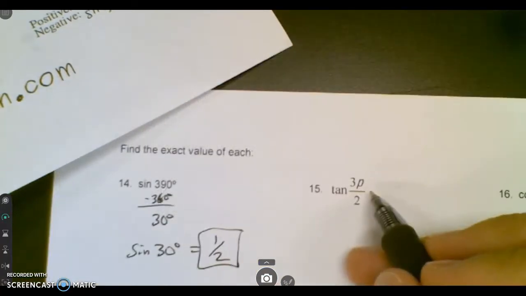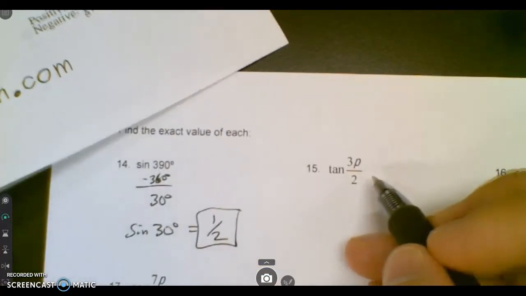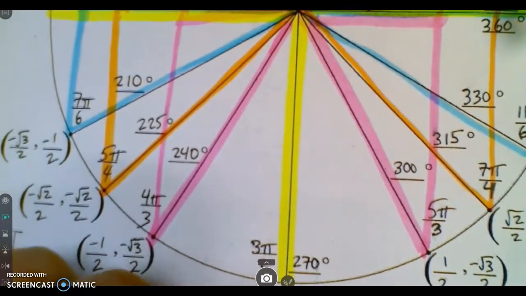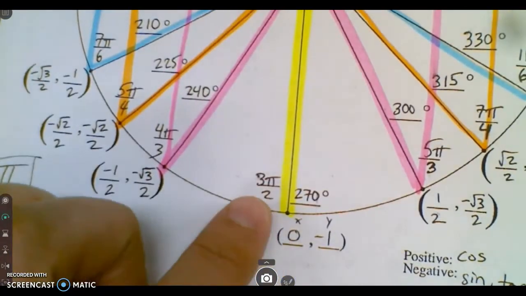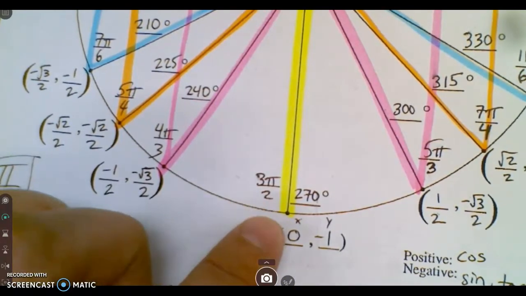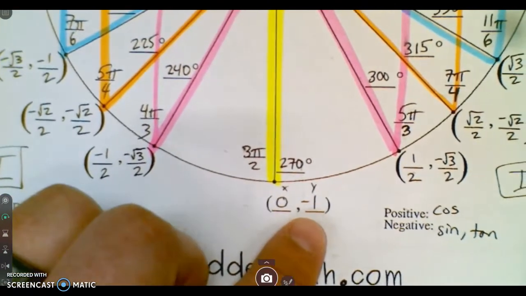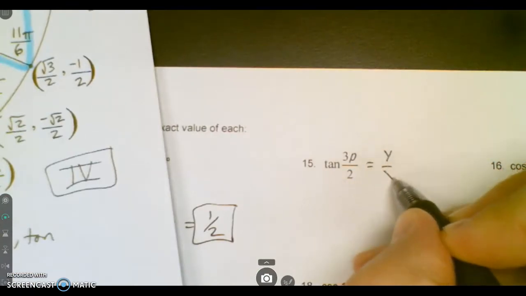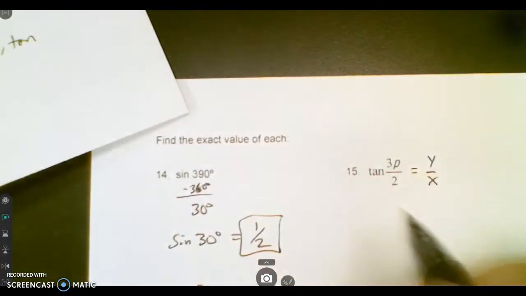Okay. Now we're doing tangent of 3 pi over 2. So 3 pi over 2 is 270 degrees. So the x part is 0 and the y part is 1. If you remember, tangent is y over x. So sine is just the y value.